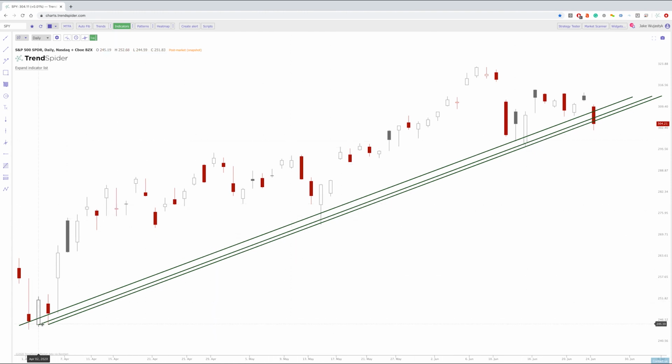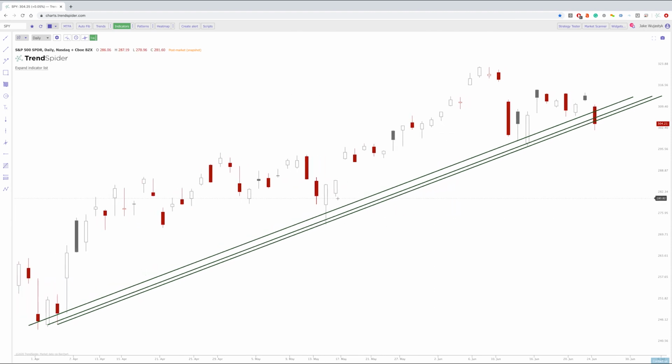If you look at this particular line right here, notice exactly where we opened and exactly where we bottomed here on June 15th before reversing. And then finally, we can see that the price action did actually break down through these areas.